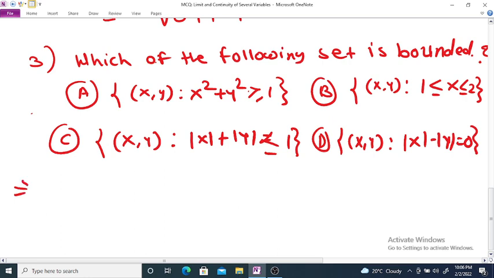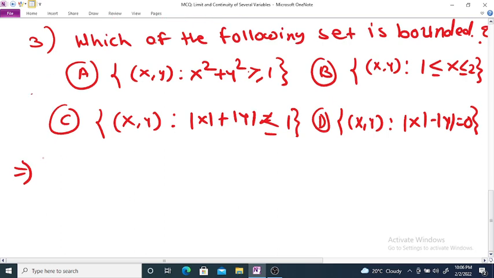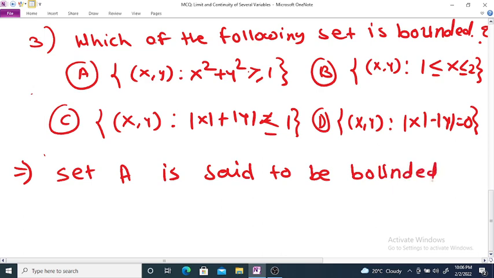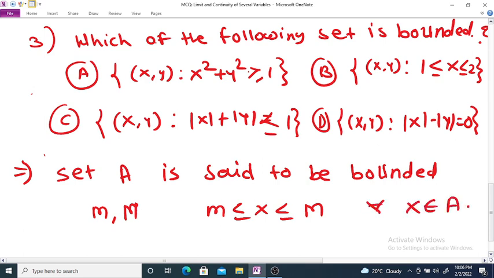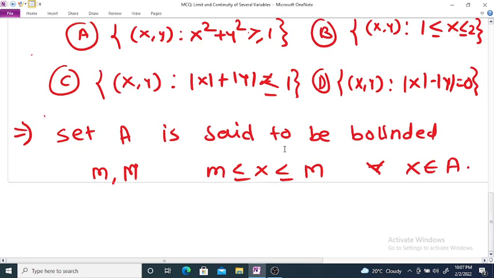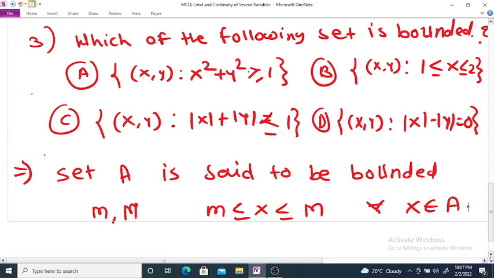When we say it is a bounded set: a set A is said to be bounded if there exist real numbers m and M such that m ≤ x ≤ M for every x in set A. So here the first set A is given by x² + y² greater than or equal to 1.